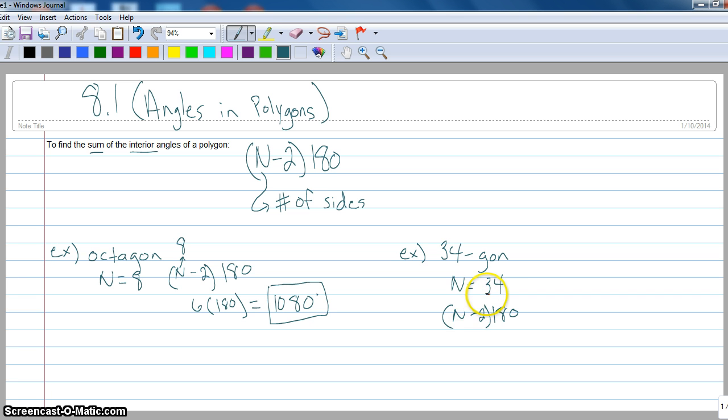N is 34. 34 minus 2 is 32, times 180. 32 times 180 is 5,760. So if you sat there like a loser and counted all 34 angles, you would get 5,760 degrees.